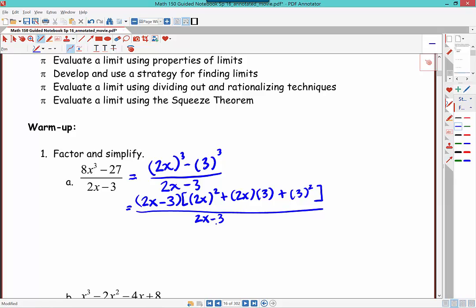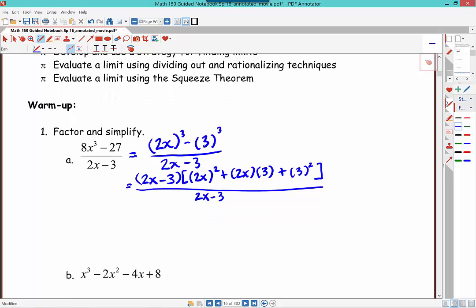If you need to look up the formula I used, it is the difference of cubes factoring formula. And again, if you need some extra help with that, you can go to my introductory algebra course, where chapter 6 deals with factoring skills and strategies.